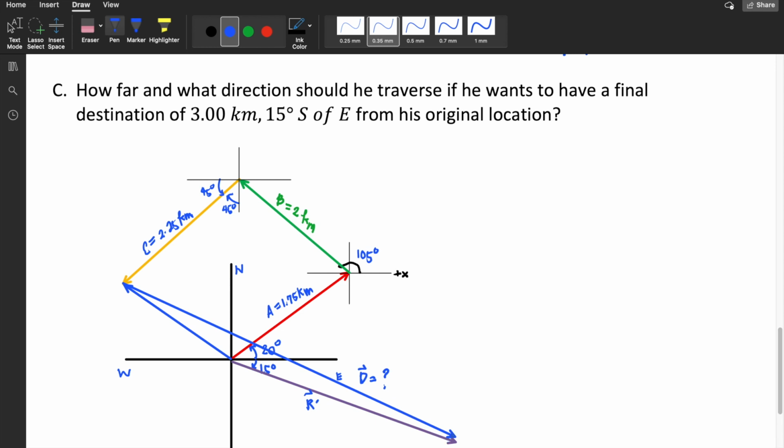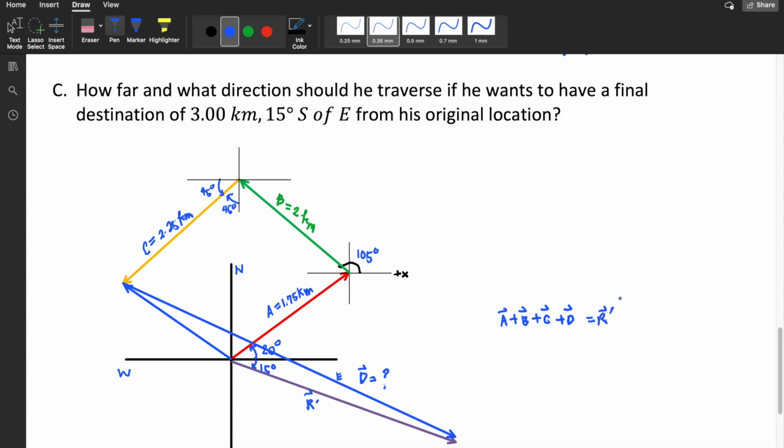If you'll notice, we can form an equation: A plus B plus C plus D is equal to R prime.